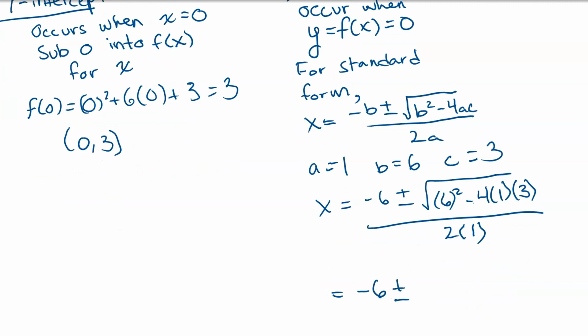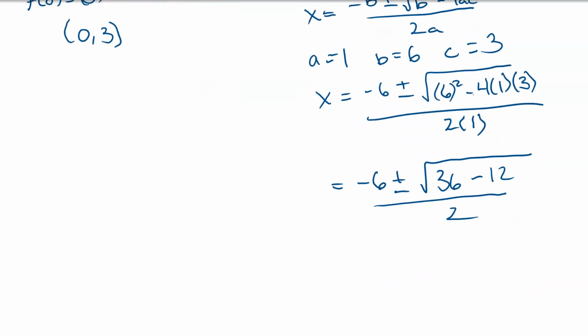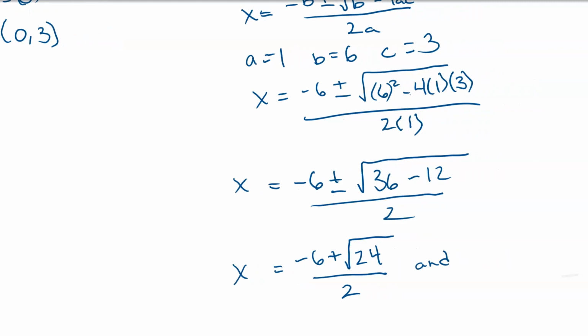So we got negative 6 plus or minus the square root of 6 times 6 is 36 minus 12, divided by 2. Right? The plus or minus means we're going to have two values. So we have the addition value and the subtraction value. So we're going to have two x-intercepts.